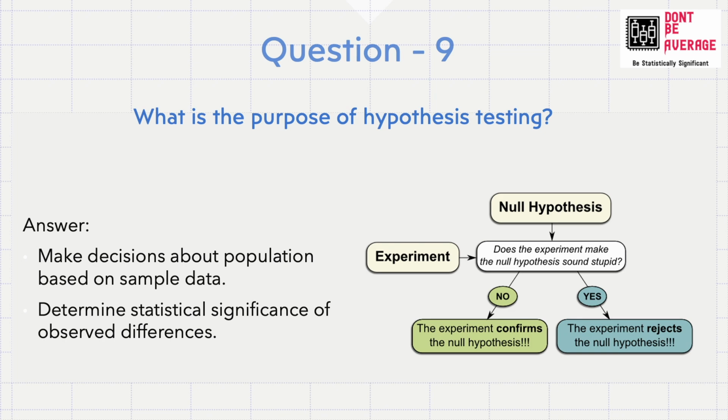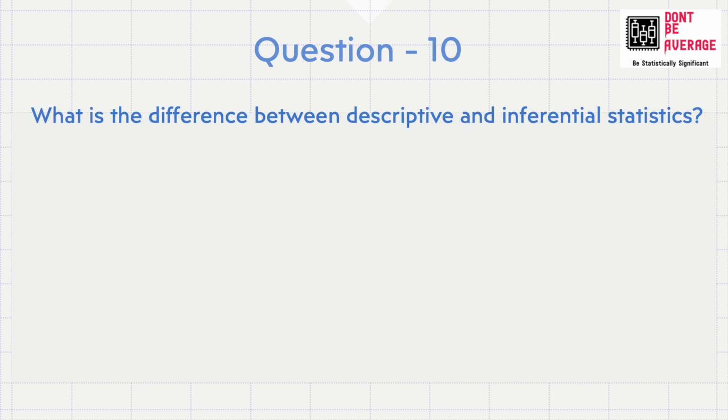Now how correct we are while inferring about the population is what hypothesis testing will test. So hypothesis testing helps determine whether observed differences or relationships in data are statistically significant or happened due to random chance.